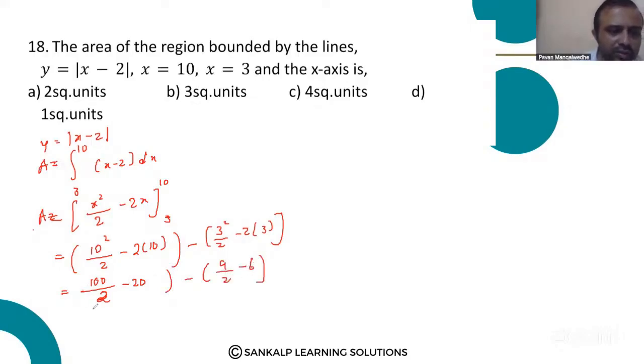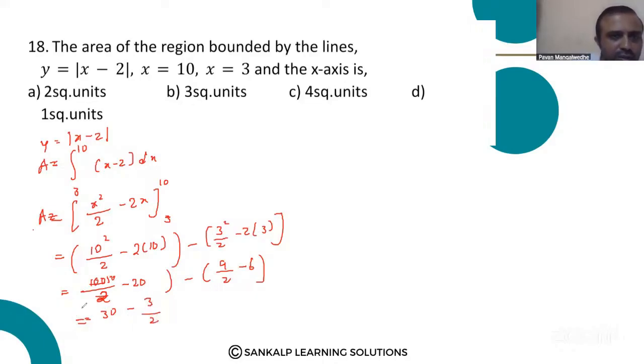So here it is 50. So 50 minus 20 is 30, minus 2 into 6 is 12, 12 minus 9 is 3 by 2.